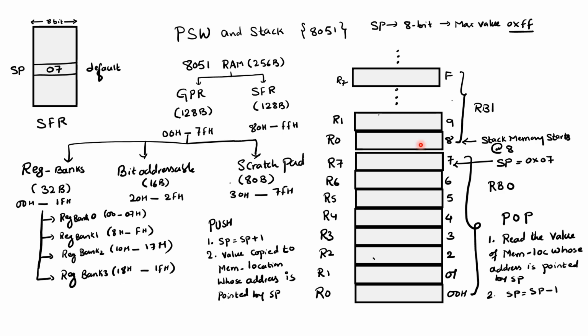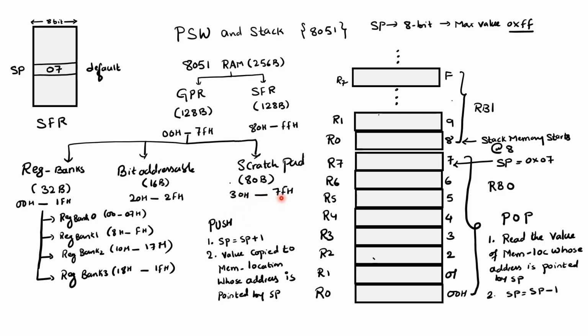Remember, the stack pointer width is 8 bits, and the maximum value it can hold is FF. Can we store the maximum value FF in the stack pointer? We should ensure that the stack pointer does not cross 1F, because after 1F, 20 to 2F is bit addressable, and the scratchpad is 30 to 7F. If you want a large stack memory, then you change the stack pointer default value from 7 to 30, so that the stack memory can grow up to 7F.